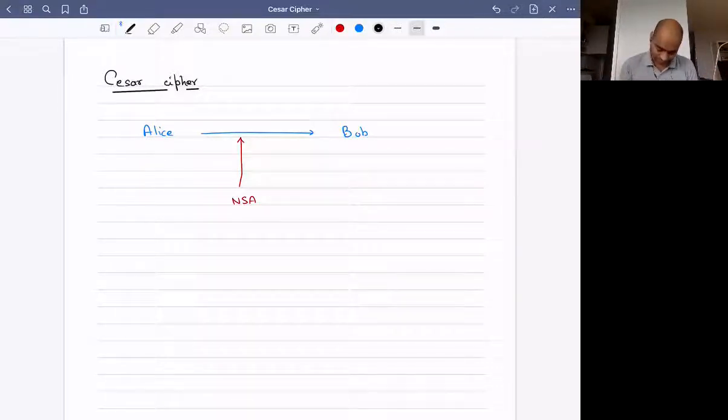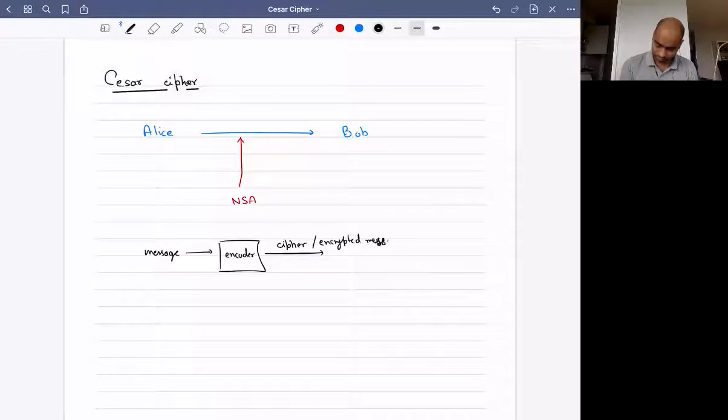So the standard protocol is you have a message, then you create a function, which is an encoder or encryptor, and then from this you get a cipher text. This is the encrypted message. And this is the message that is sent to Bob. And then Bob uses a decoder to get the original message back.